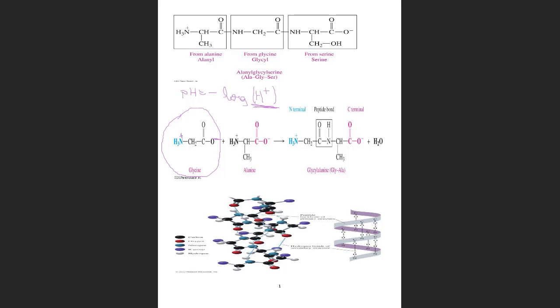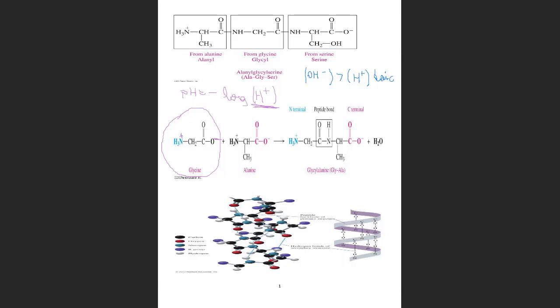What happens if the pH is above the isoelectric point? Let's say it is basic. What does it mean that it is basic? When it's basic, the concentration of hydroxide is higher than the concentration of protons.